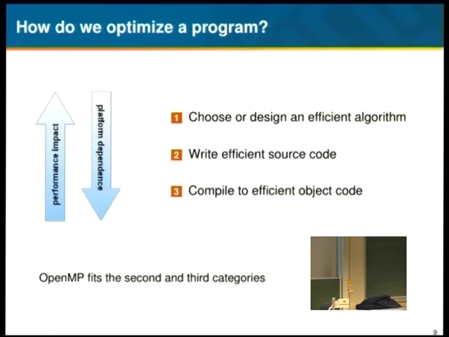So the second, once you have the best algorithm you can find, you need to find the best coder you can find, so you get the best C code. And that's where a lot of work can be spent using OpenMP to get it as optimal as possible, to make as much use of the hardware resources you have. And only then start worrying about that third level, getting to the best assembly code, the best machine code you can.